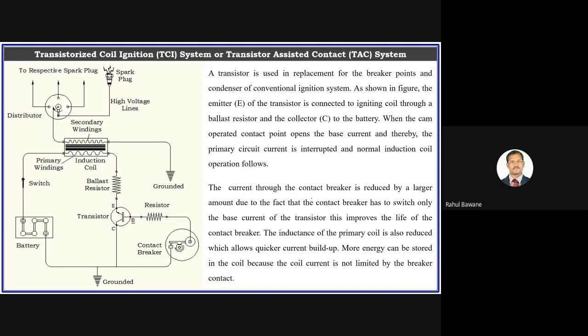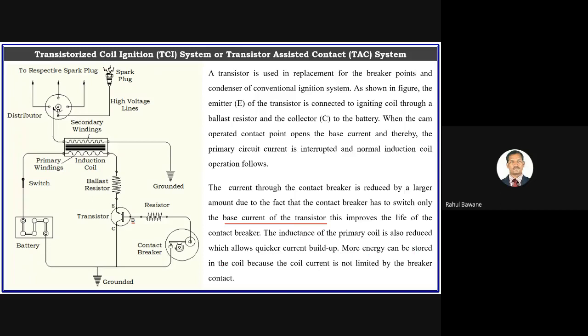The current through the contact breaker is reduced by a large amount due to the fact that the contact breaker has to switch only the base current of the transistor. This improves the life of the contact breaker. The inductance of the primary coil is also reduced, which allows a weaker current build.